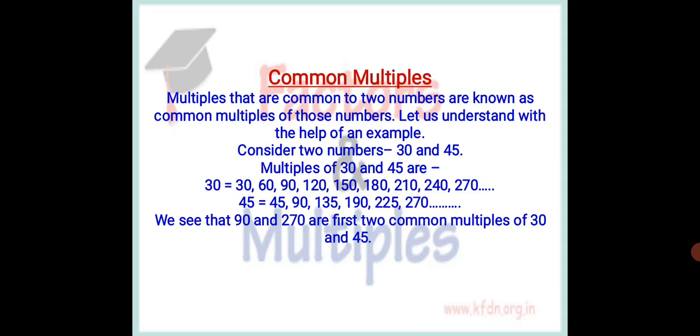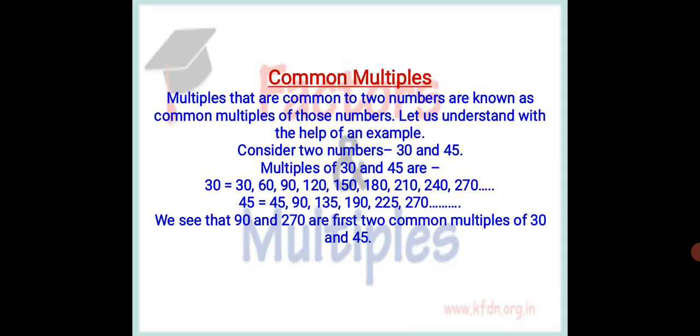And now I have reached the last point, that is common multiples. Multiples that are common to two numbers are known as common multiples of those numbers. Okay? So what are common multiples?